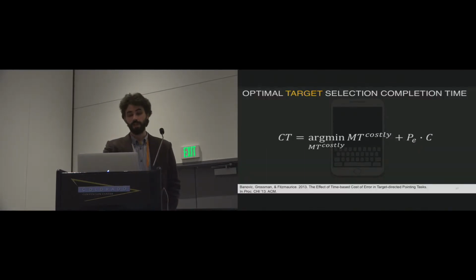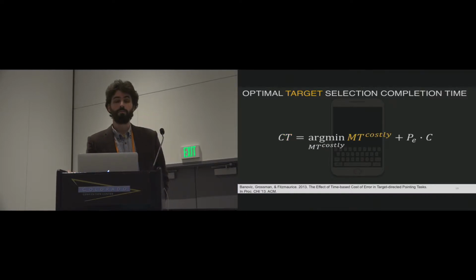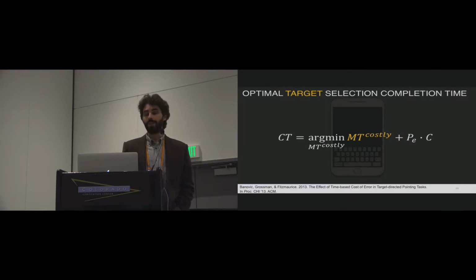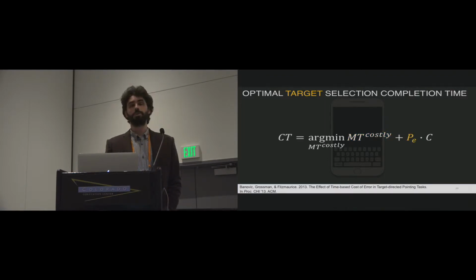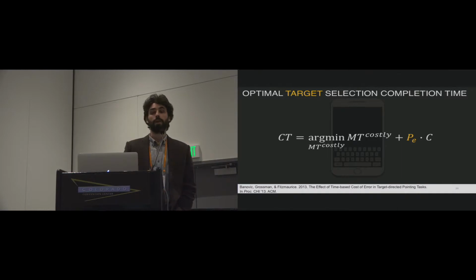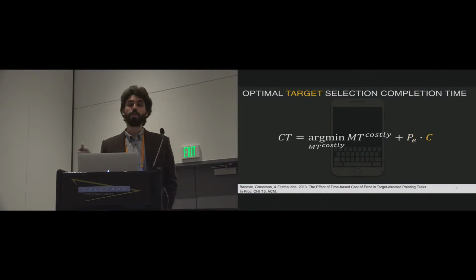And the way we do that is we base our work on a previous paper in which we showed how people point at targets in general in response to these costly errors, where we calculate the optimal total selection time for any target by considering the movement time, the optimal movement time that allows the participant or users to reduce the probability of error to incur the costly pointing error C.